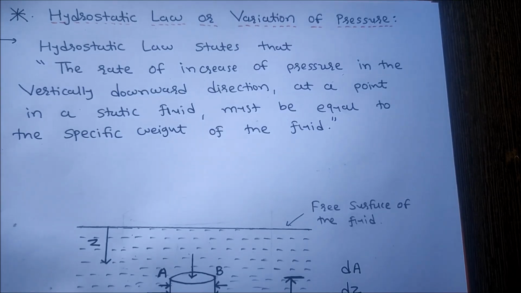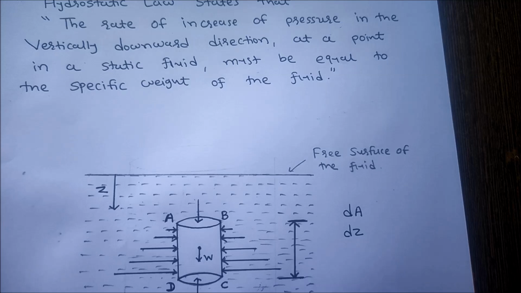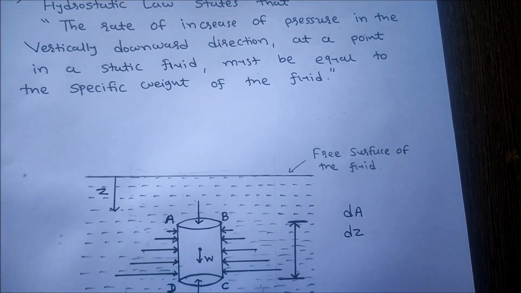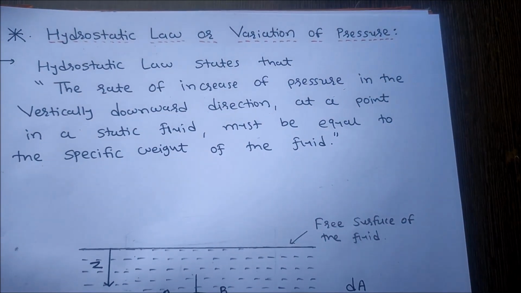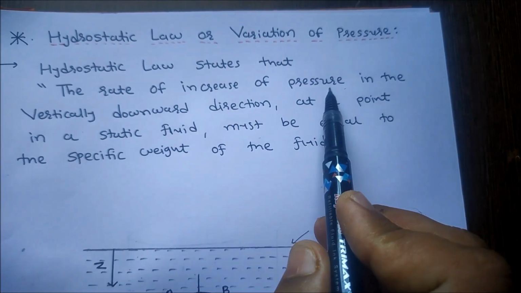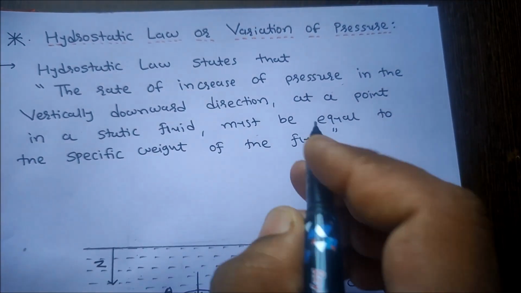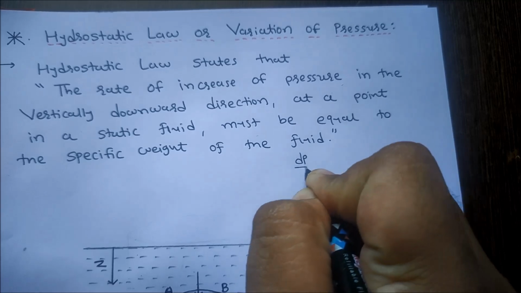The pressure at any point in a fluid at rest is obtained by the hydrostatic law. We know that pressure inside the fluid increases as we go down in the fluid. So hydrostatic law states that the rate of increase of pressure in the vertically downward direction, that means dP by dz.